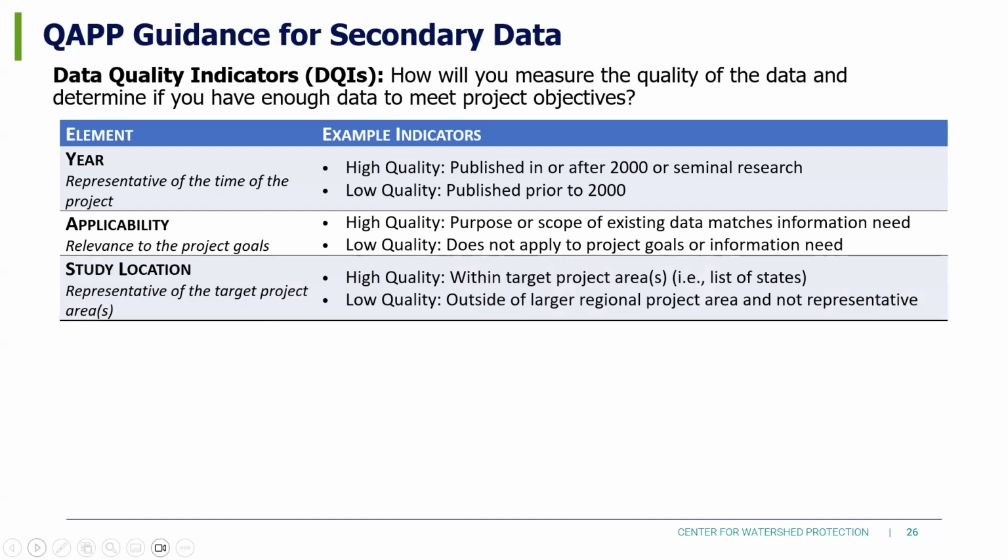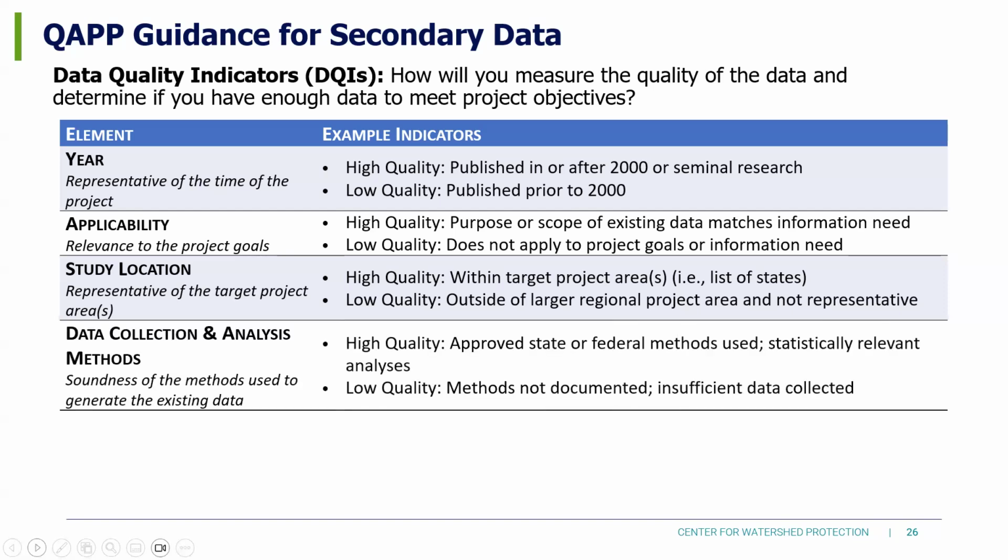Next up was study location, which is representative of the target project area. They were focused on the Gulf states or the Gulf Coast region, and there were specific states that they outlined in their project. Low quality was anything outside of the larger regional Gulf Coast area, so something in Oregon was not going to be applicable.